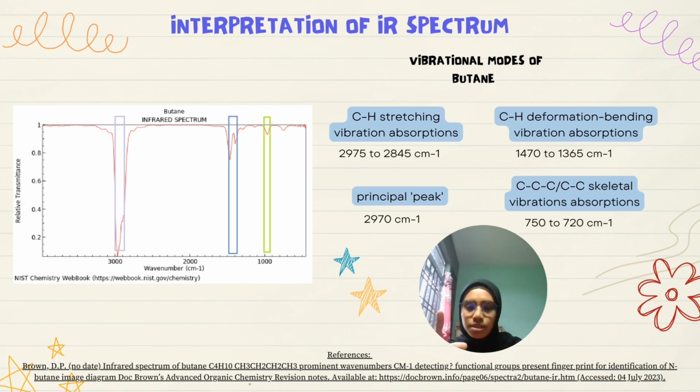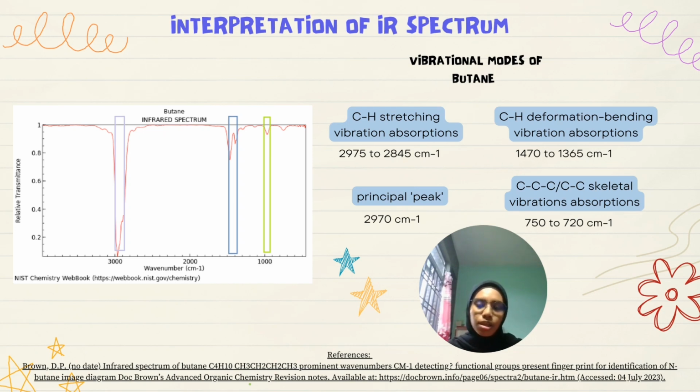So in this purple box, there are some pronounced peaks between the wave numbers 2975 to 2845 specifically. According to the IR spectrum table, this is interpreted as the CH stretching bond.